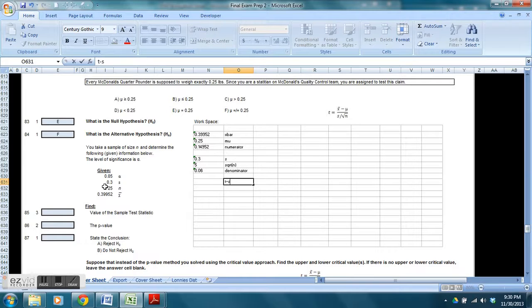Now we can solve for our t test statistic. So our t stat, or better said our t value, is going to be our numerator divided by the denominator, and it's 2.492. So now we have to determine what the p-value is using that t-value from the test statistic that we just solved for.